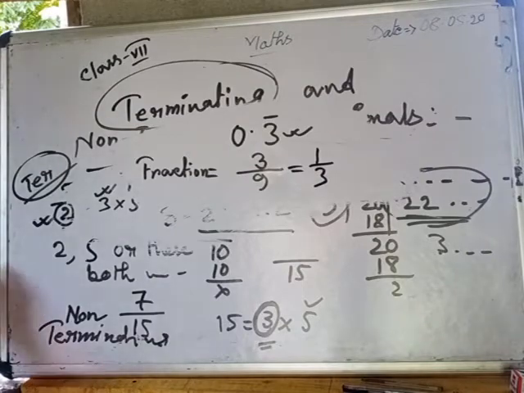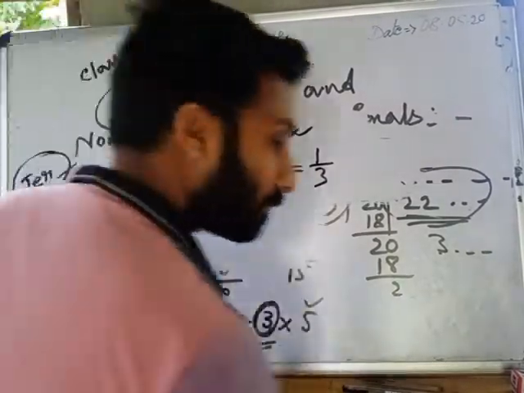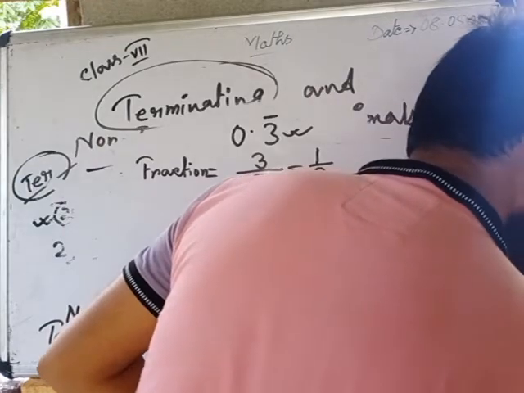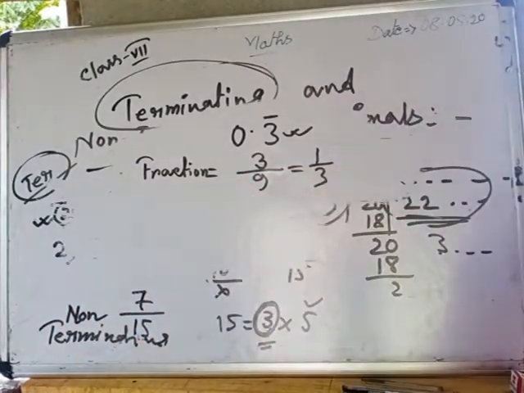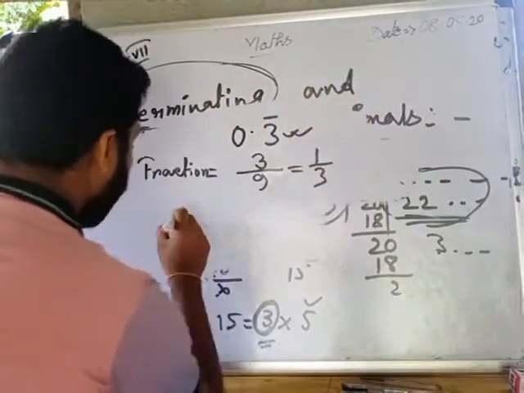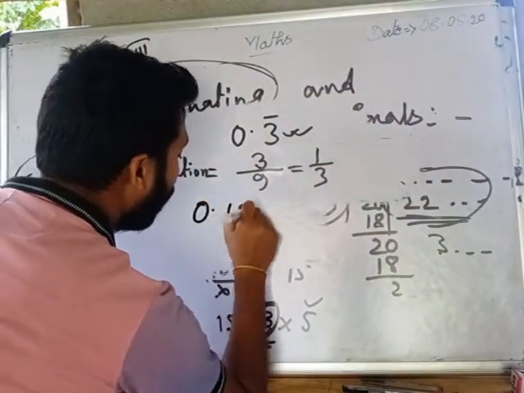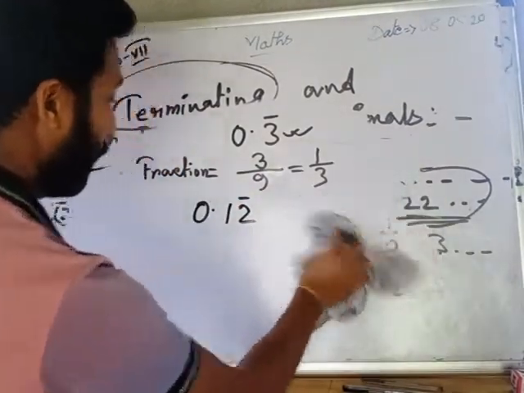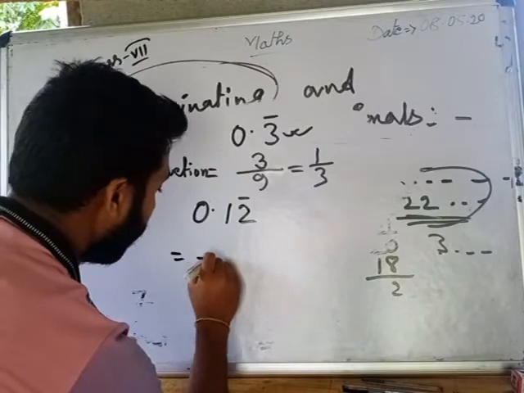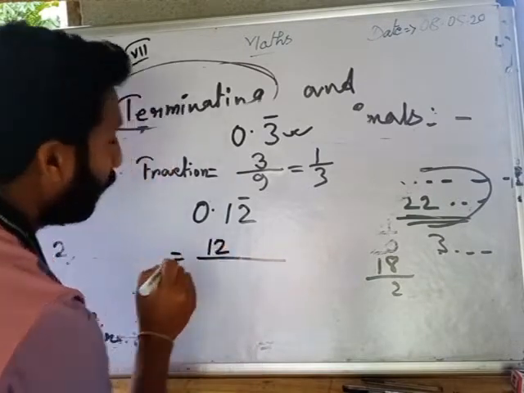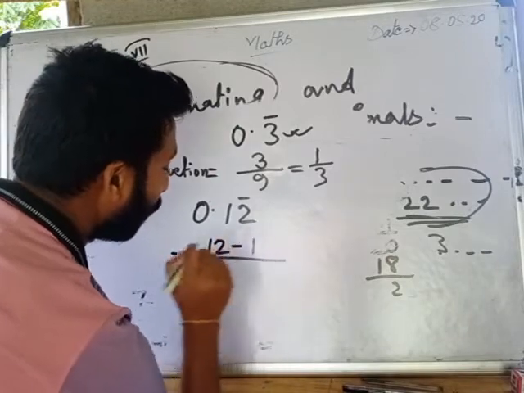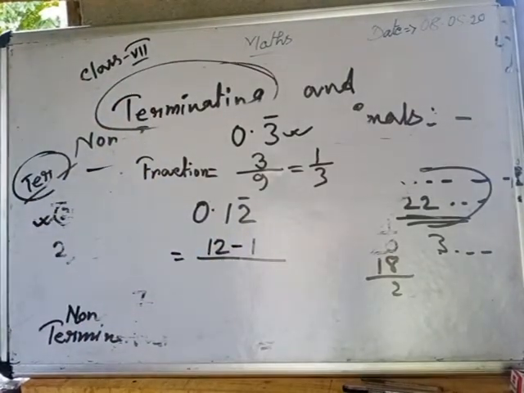Okay, and if it is 0.1 with 2 non-terminating, we should write at first 12. 1 is left out, so we should subtract 1.